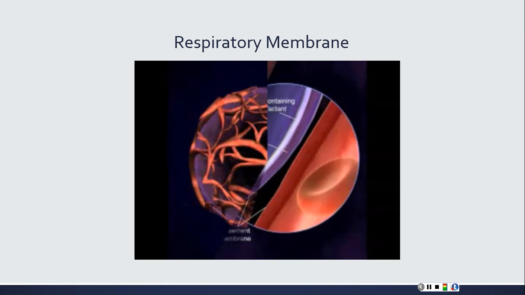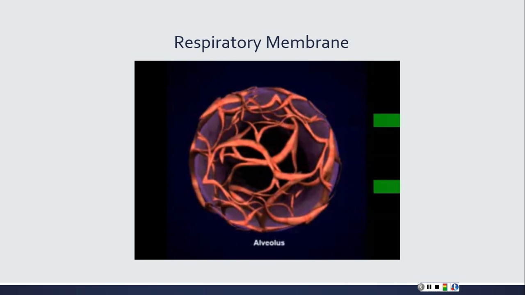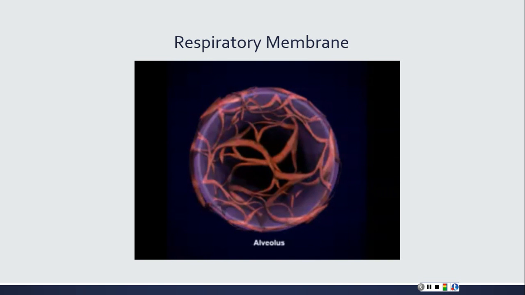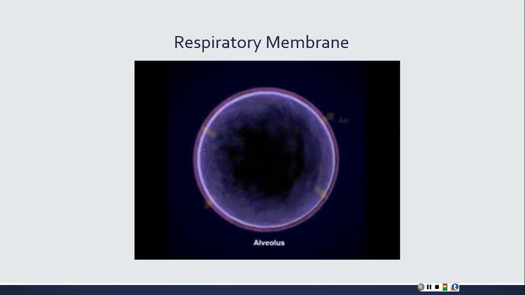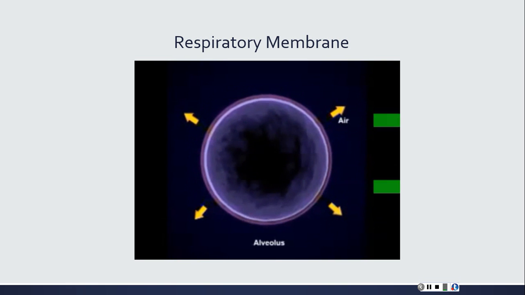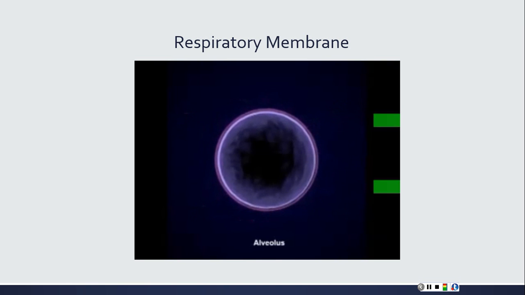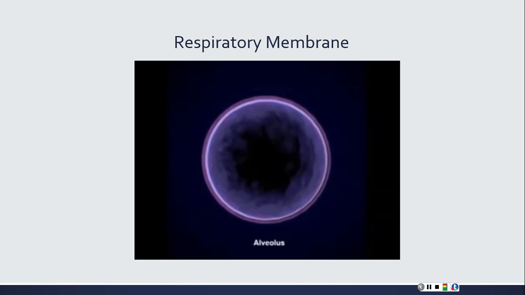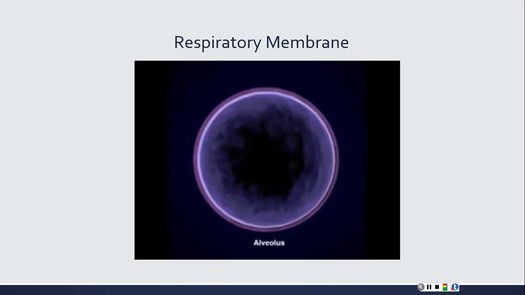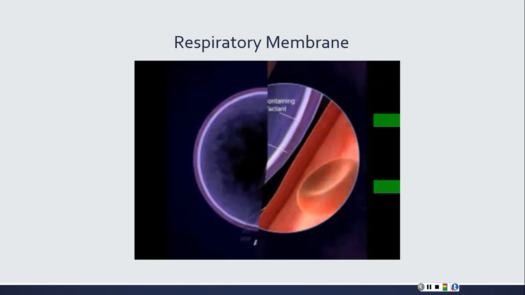When air leaves the alveolus during expiration, however, the water exerts a strong force that can cause alveolar walls to be drawn together and collapse. Surfactant prevents this collapse and allows the alveolus to inflate with ease after expiration. Between the alveolus and the wall of the capillary is a very small space with interstitial fluid.